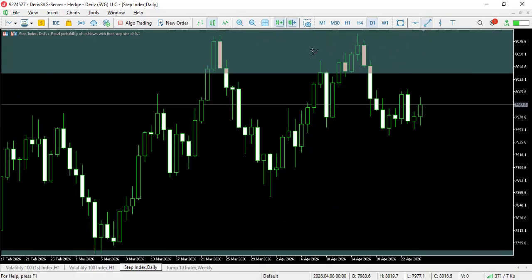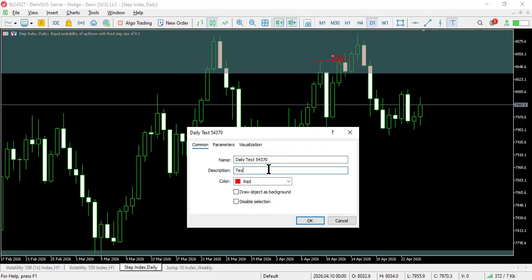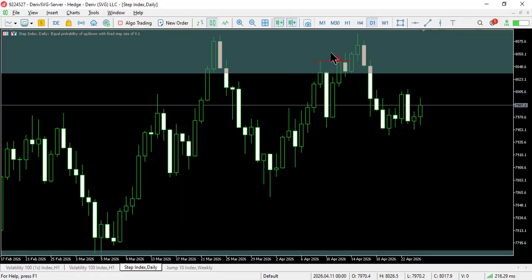Now, from the daily time frame, we have a break of structure right there. So that was the last break of structure before price stepped into that supply zone. And then we have a change of character right there to indicate this uptrend is over and the sellers are stepping into the market.